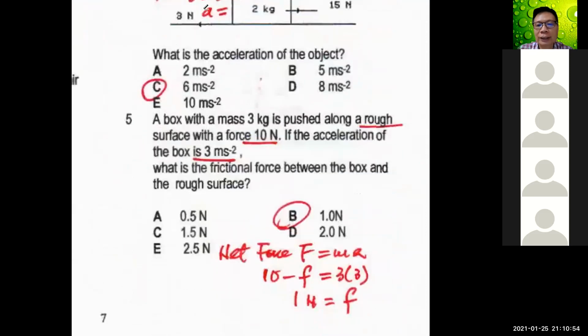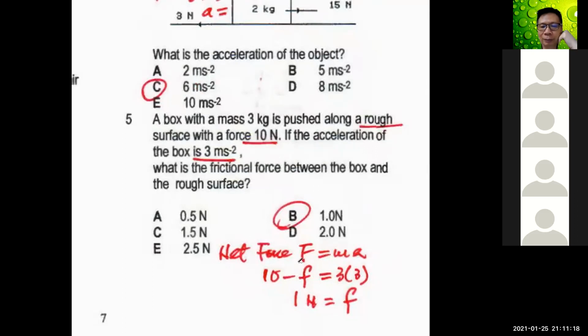And now, see the solution. A box of mass 3 kg is pushed along a rough surface with a force of 10 Newton. Acceleration is 3. What is the frictional force? Now you see, net force F equals ma. Net force is the pulling force minus the friction.